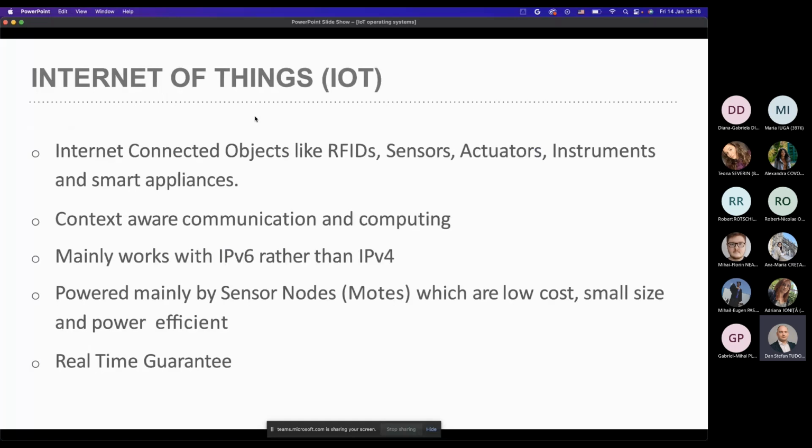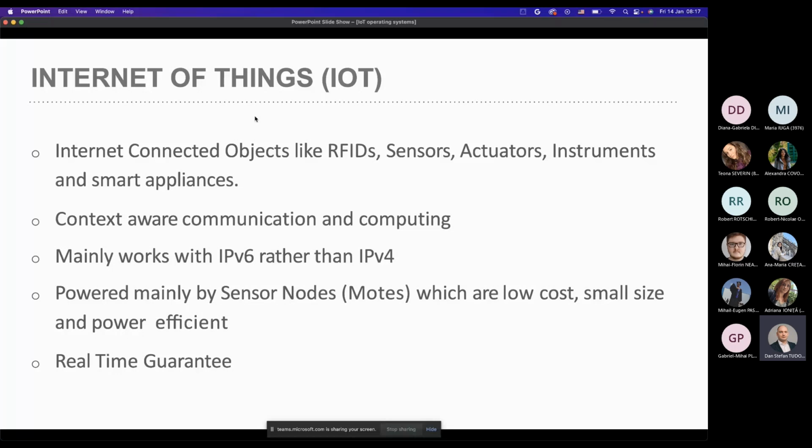Let's briefly go through some of the particularities for IoT applications. As you know, we are talking about internet connected objects, RFIDs, sensors, actuators, different types of instruments, appliances. They all have their own particularities, but in general, for an IoT device to actually be an IoT device, it needs to be connected to some sort of a network, ideally the internet.